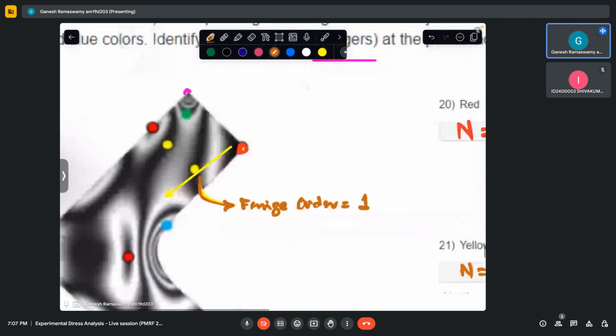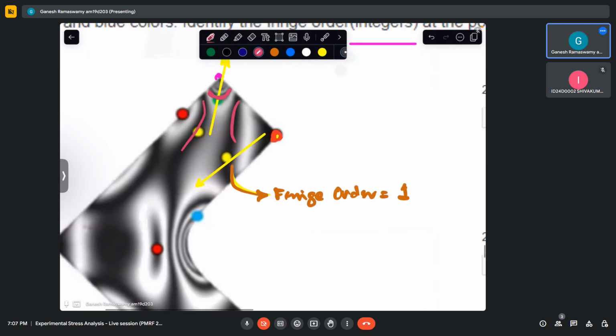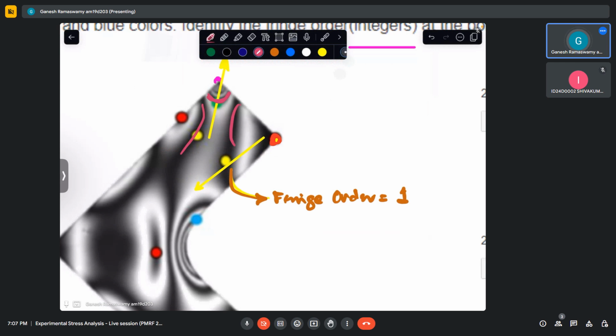Now here basically we are moving in this direction, and the fringe gradient increases because we are moving towards the load point. So if this is 1, then the next fringe order would have to be 2. Similarly, if the yellow is 1, we are able to see that the next fringe here is this. So this is 2.